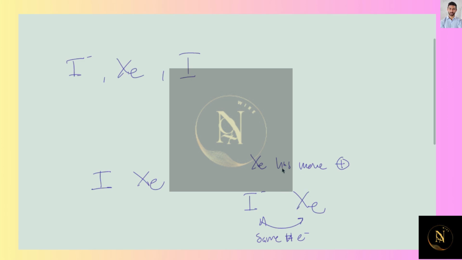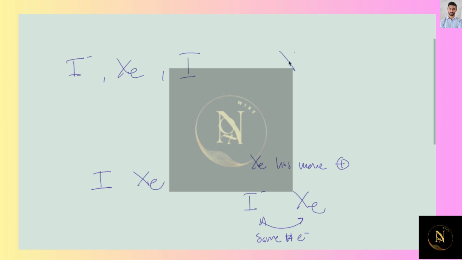So in general, if two things are isoelectronic and one of them has fewer protons, that one will be larger than the other. So I minus is isoelectronic with xenon, therefore, because iodine has fewer protons, it'll be larger than xenon.